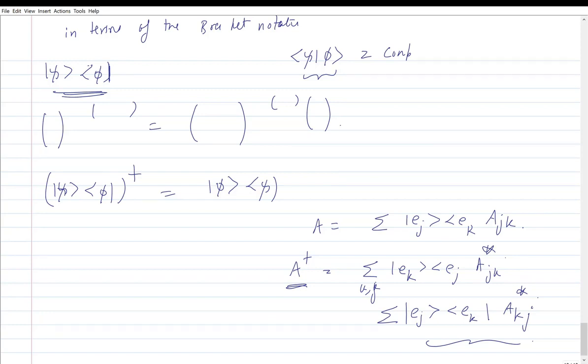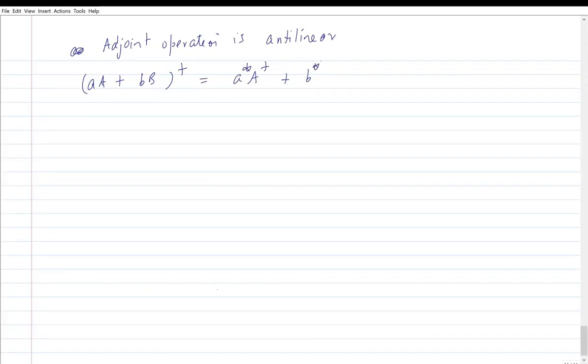So the other property of the Hermitian conjugate, transpose or adjoint operator is that it's antilinear. So if I have the adjoint operation, it is antilinear. This gives me this guy.